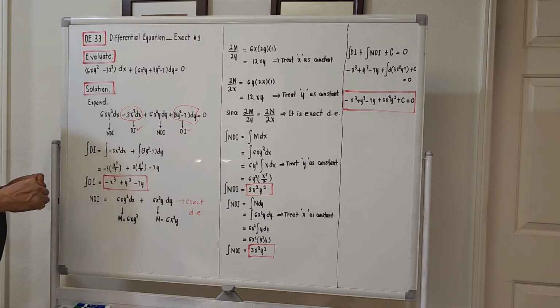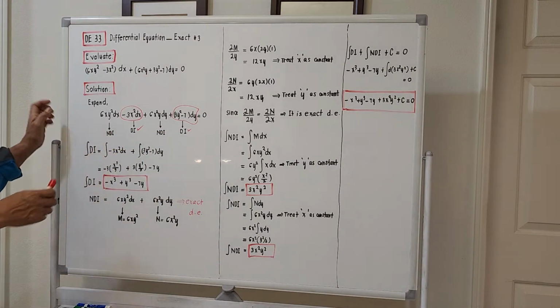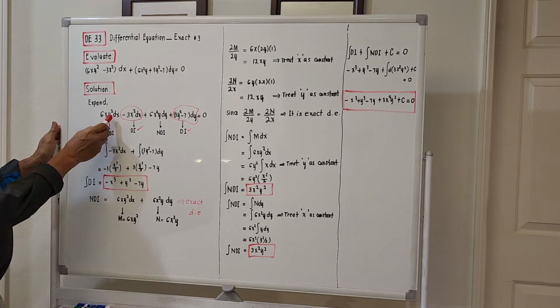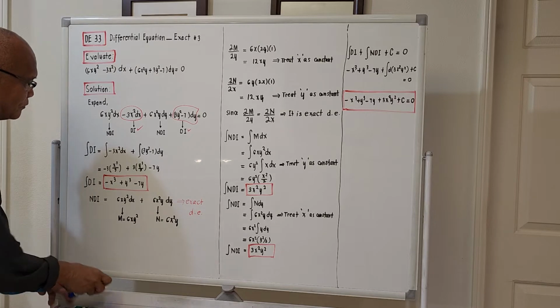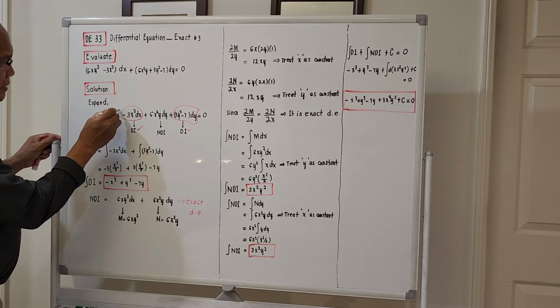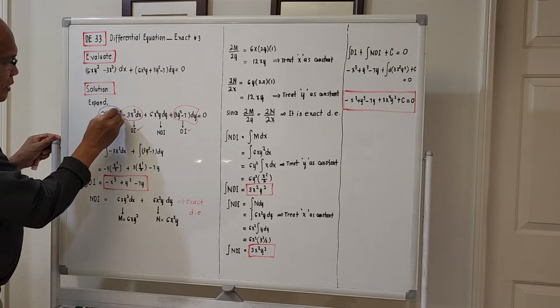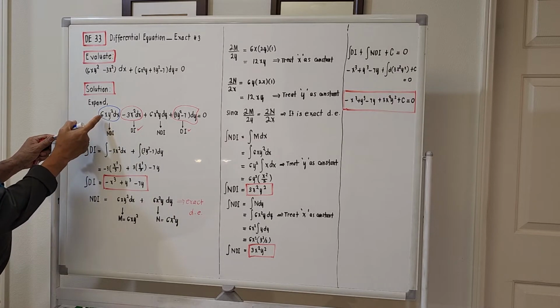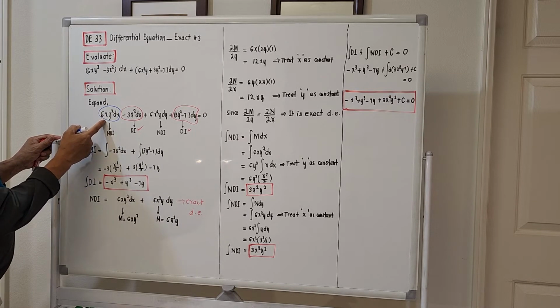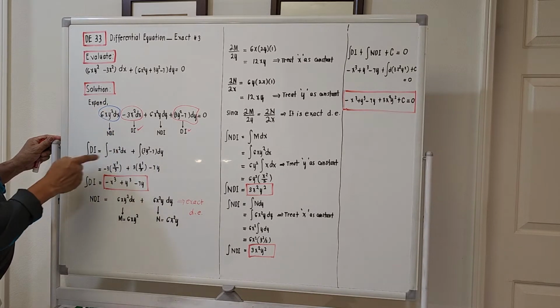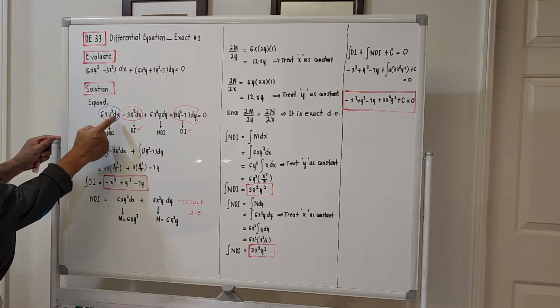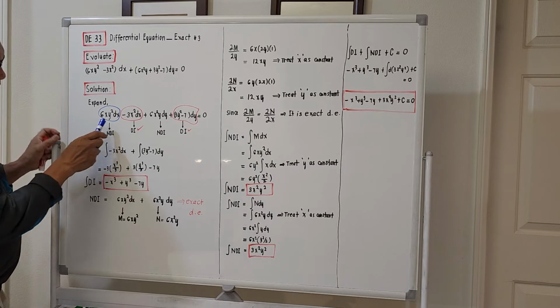Okay. Let's inspect the first one here. 6xy squared dx. This one here, I will mark with the blue one. Whether we like it or not, this is not yet directly integrable. So I make a marking over here, not directly integrable. Why not directly integrable? Because the differential here is x, and we got a y here, right?